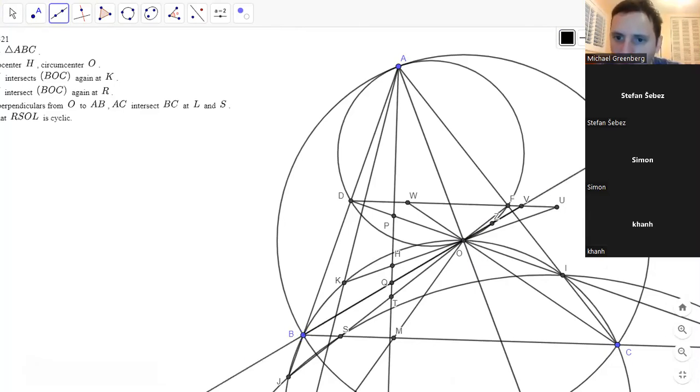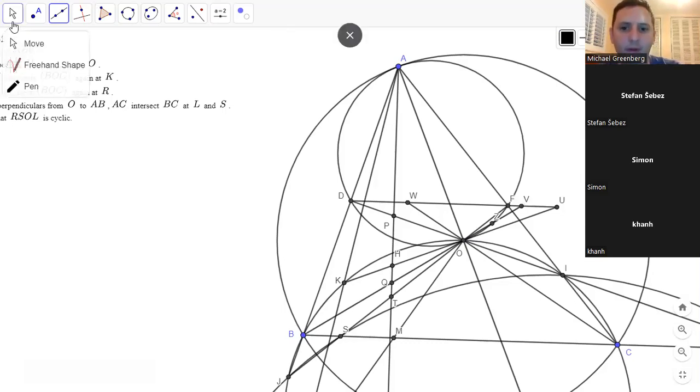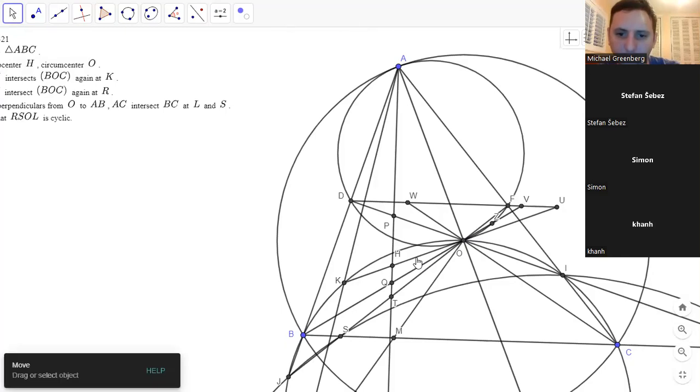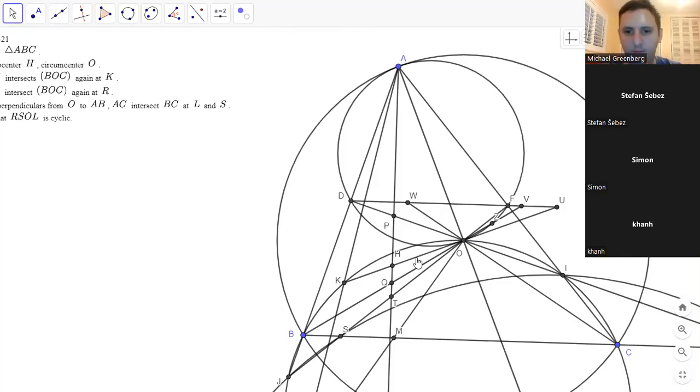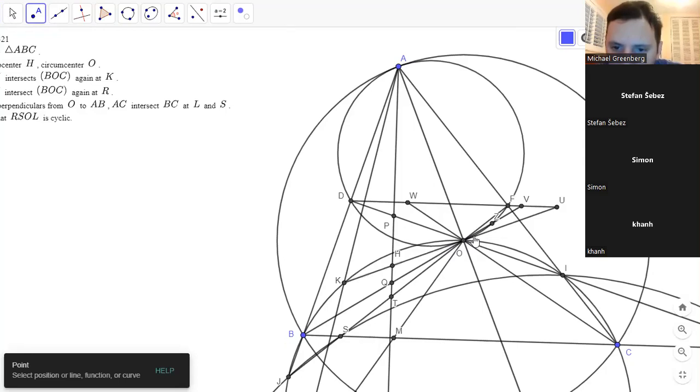And then KO, that's basically where HO intersects the circle. Yeah, it almost looks tangent, but I don't think it's tangent.